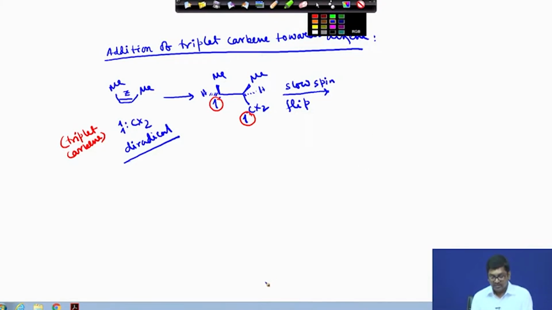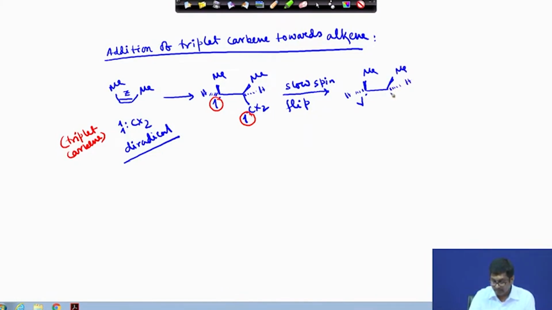Once the slow spin flipping happens, this electron gives the spin flip. Now they have opposite spin, and they can make the carbon-carbon bond.